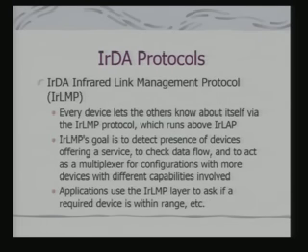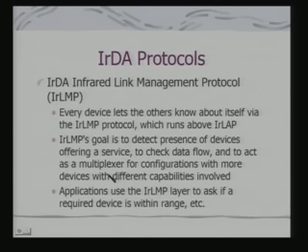On top of this, you have the infrared link management protocol. Every device lets others know about itself via this IR-LMP protocol which runs above IR-LAP. LMP's goal is to detect the presence of devices offering a service, to check data flow, and to act as a multiplexer for configurations with more devices with different capabilities involved. If there are not more devices, then this multiplexing capability is not of significance.